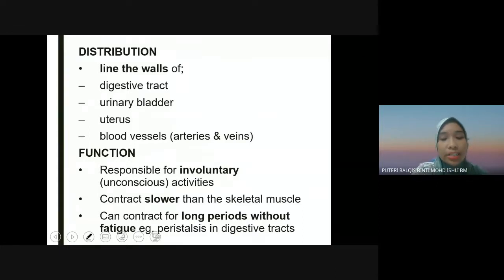So for example, peristalsis in the digestive tract. Peristalsis adalah movement of food along digestive tract sampailah kita punya digestive system, small intestine, large intestine. Yang bahagian situlah.